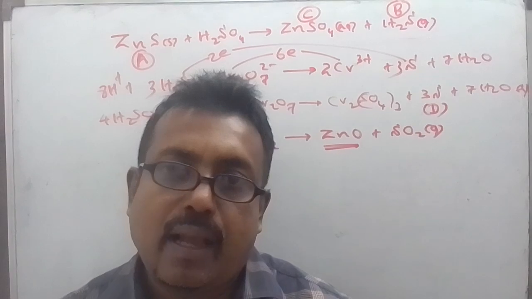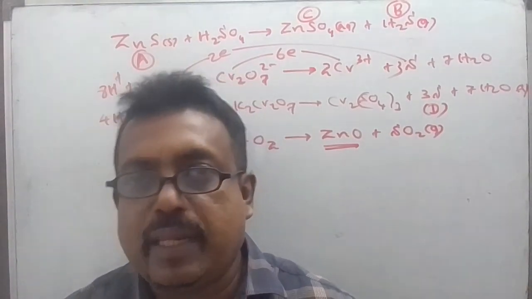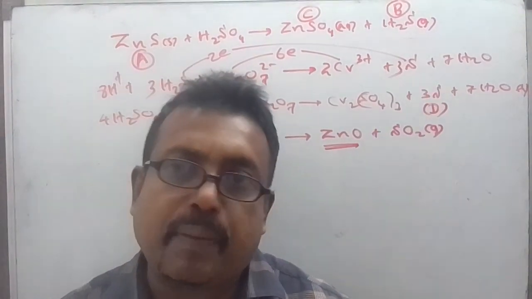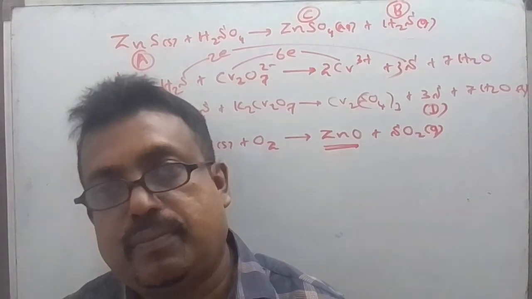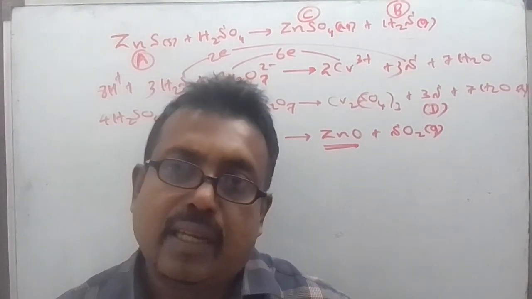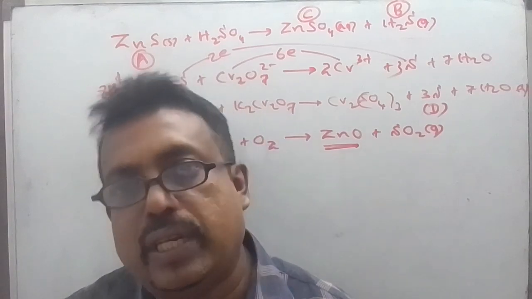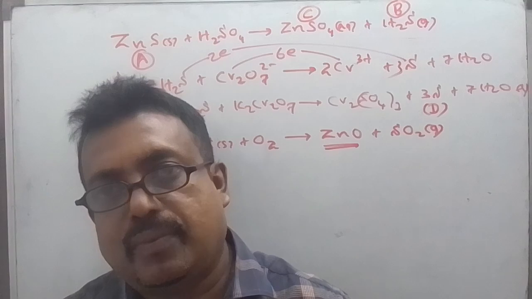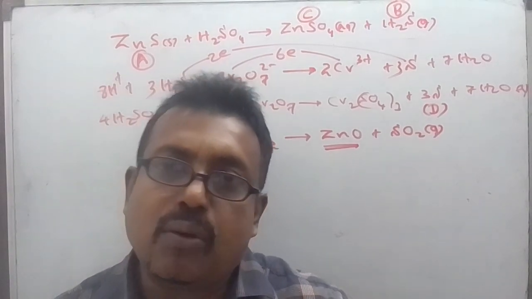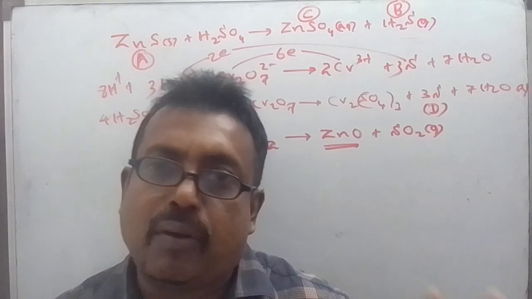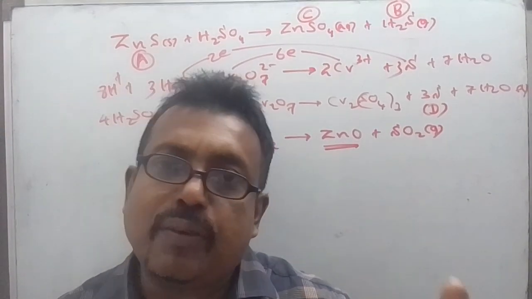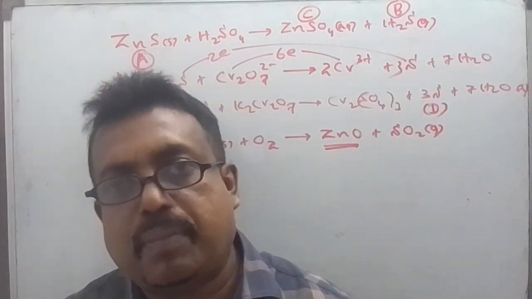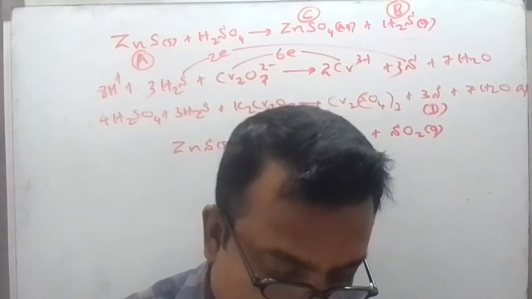When zinc oxide is heated up to a higher temperature, it turns pale yellow, and then again it becomes white as usual when cooling. So that is a very important thing regarding zinc oxide. Except this, there are no other colored compounds of zinc. Only zinc oxide, and that is not at room temperature, only at a particular high temperature.